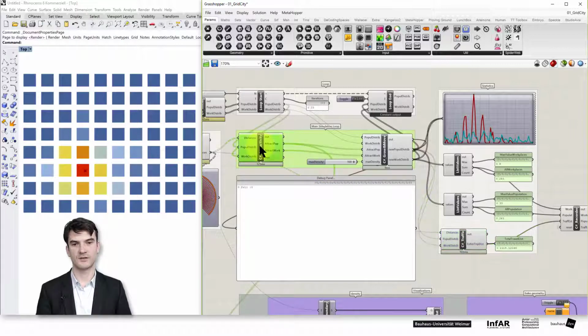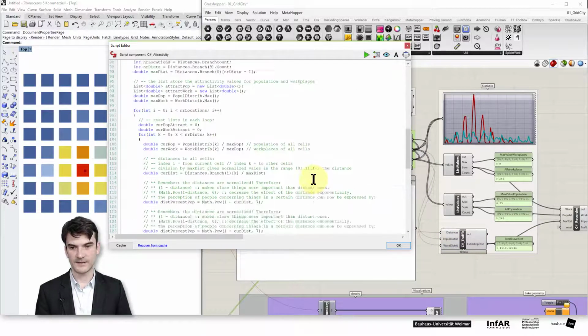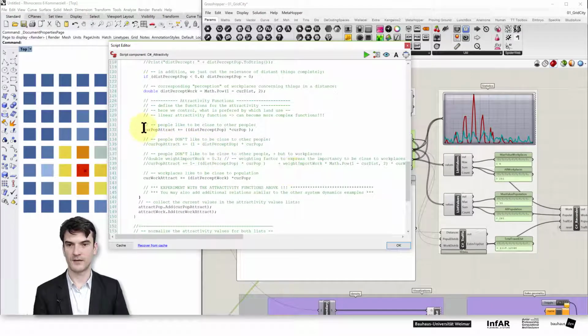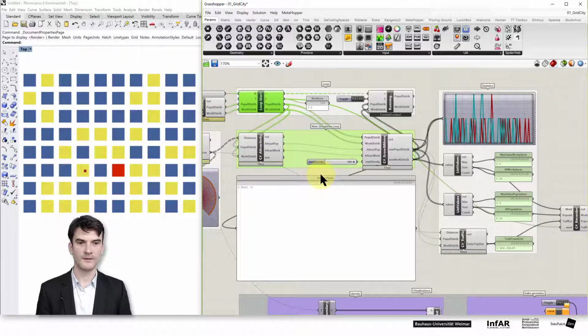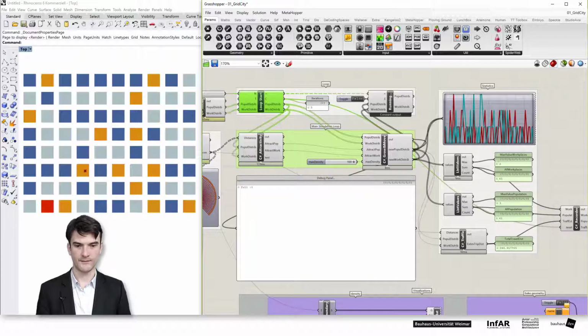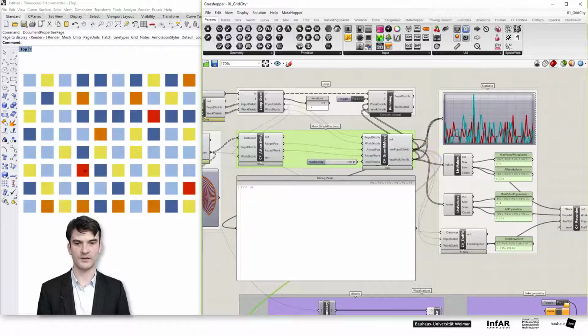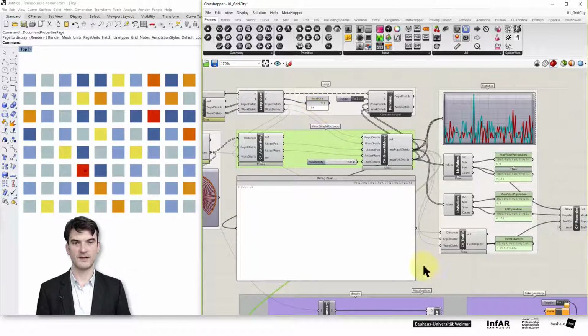And if I change the logic of my model so that people, for example, don't like to be close to others, we can see if the traffic in the outcome of my model increases or decreases with a different model logic. So what have we visualized here? We see the distribution of the population. That's my visualization, and I run it just for 25 iterations, and I'm observing the traffic that's caused by this pattern.